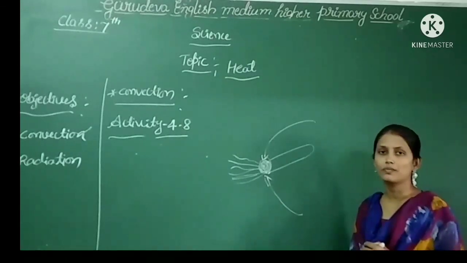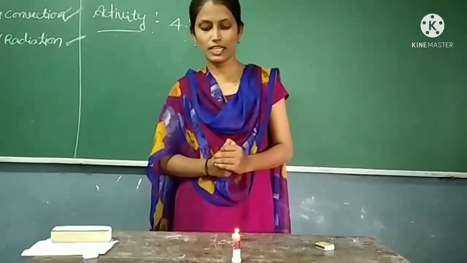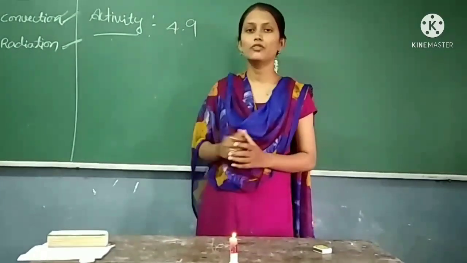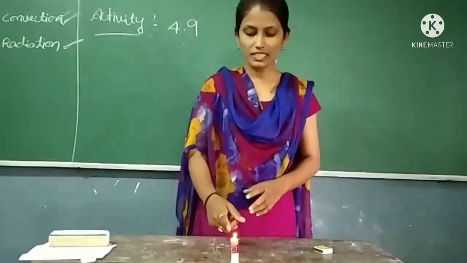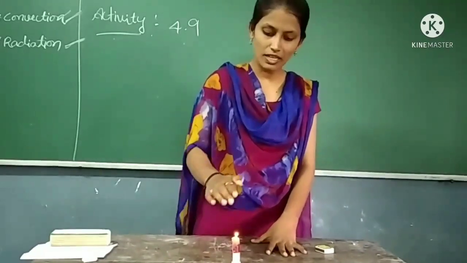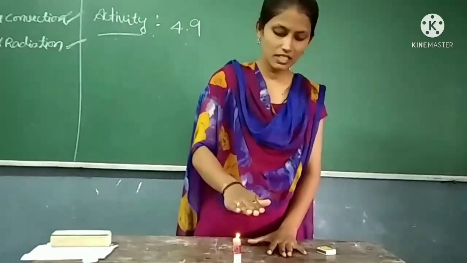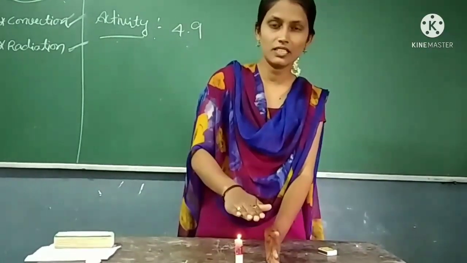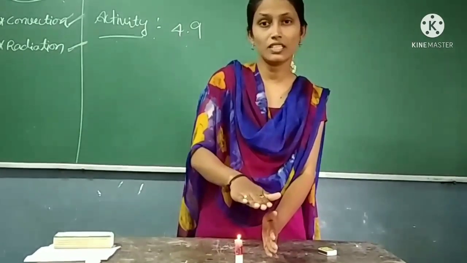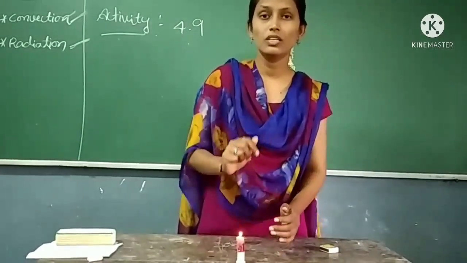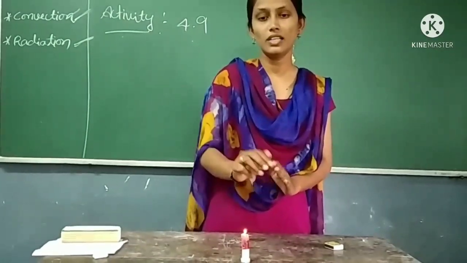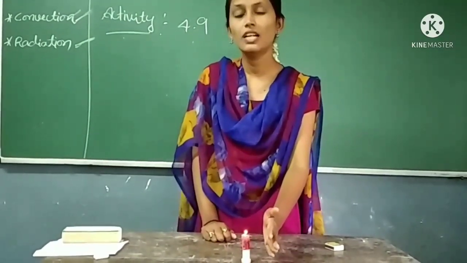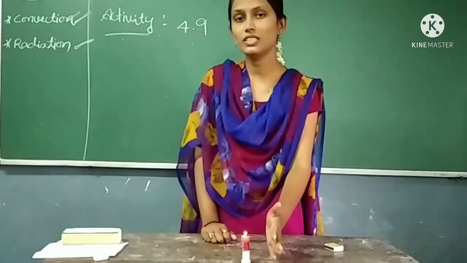Look at this video. Dear children, now let us do the activity. That is activity 4.9. To do this activity, we need a candle. Light a candle. Place one hand above the candle and the other hand at the side of the candle. Do you feel the same hotness in the two hands? No, the hand which is kept above the candle, I am feeling that is hot, and the hand which is placed at the side of the candle, I am not feeling hot.